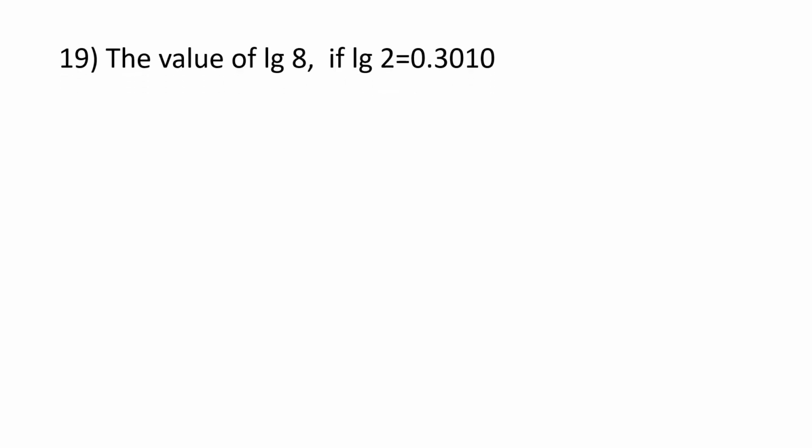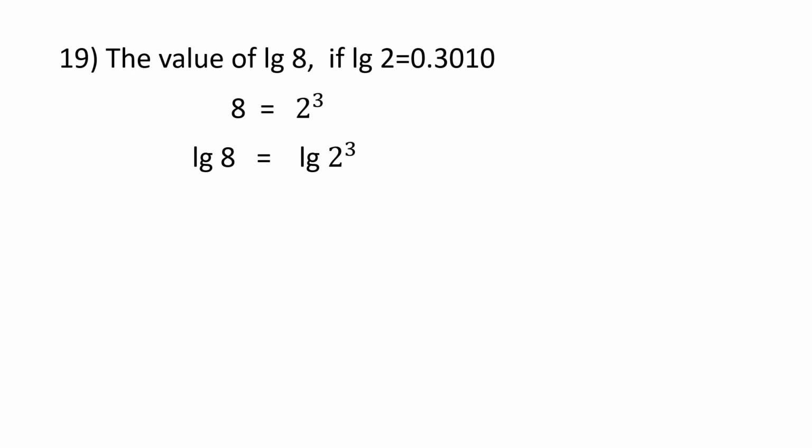Question number 19. The value of LG8 if LG2 is equal to 0.3010. You know, 8 can be written as 2 to the power 3. So you can write LG8 is equal to LG 2 to the power 3.